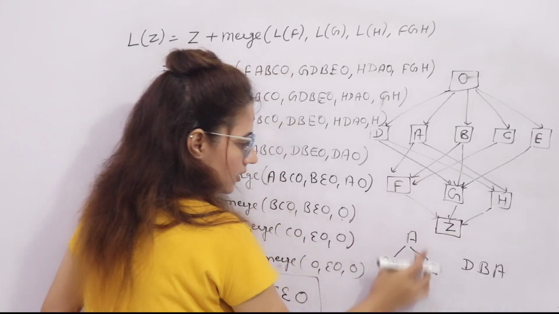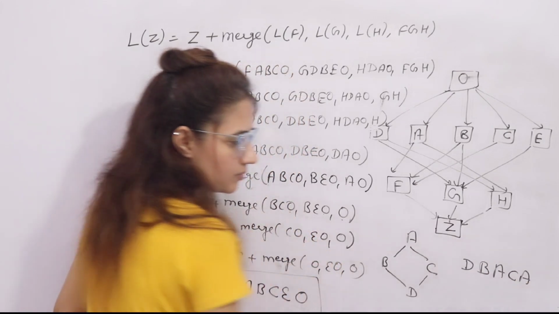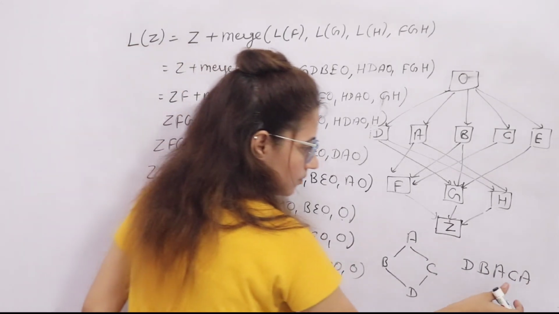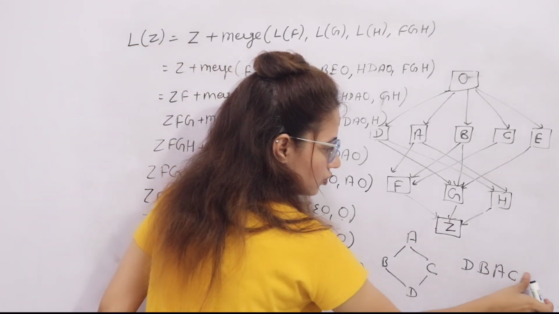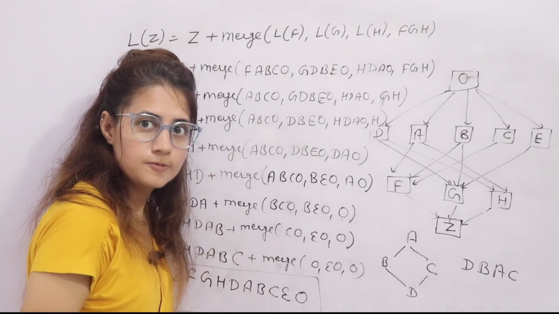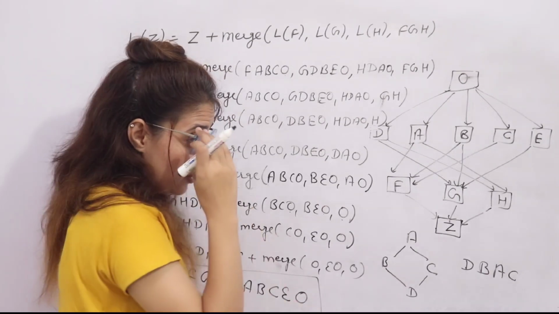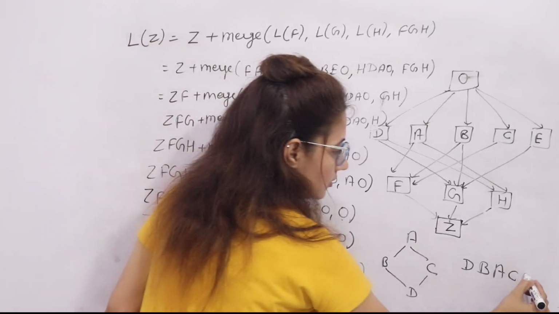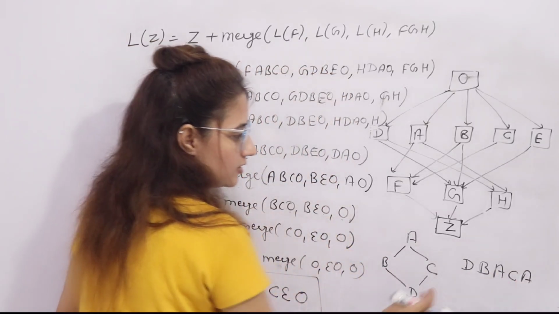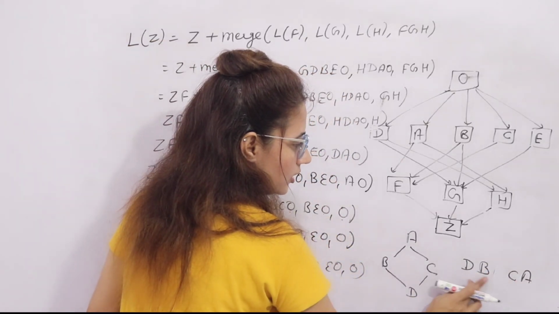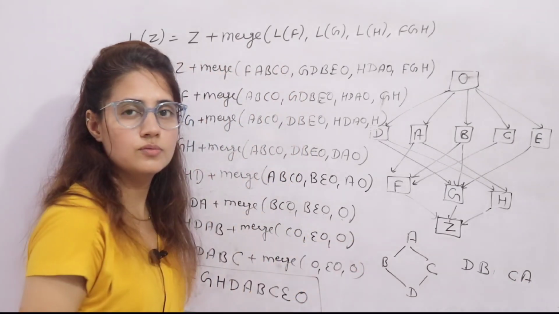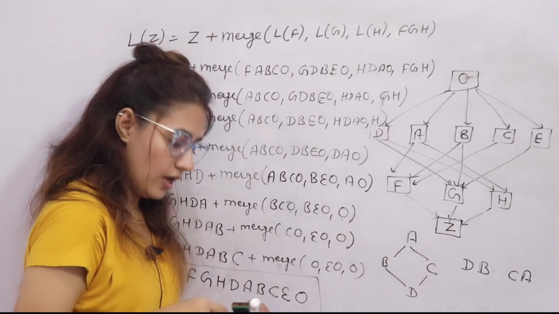Then C, then A. Then A appears 2 times, so in old style just remove this one, right? After that a new style was also introduced. There, if this is the case, then remove the first one, so D, B, C, A. But this also has some problems.